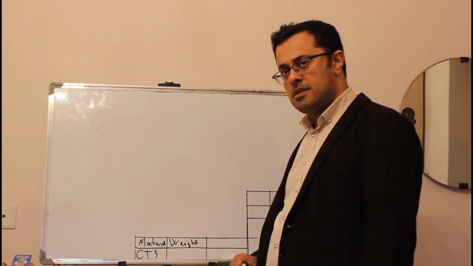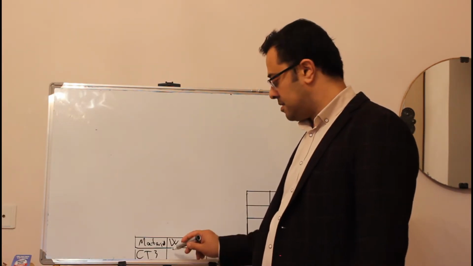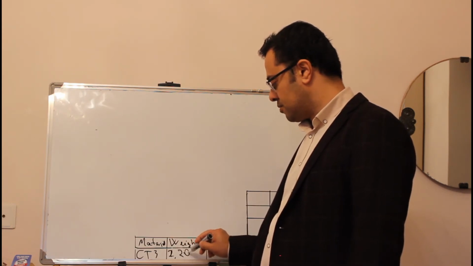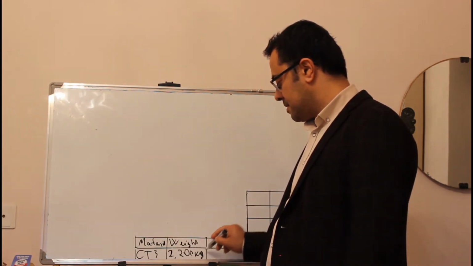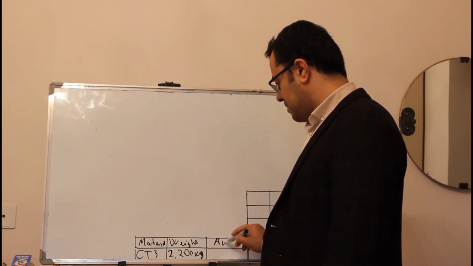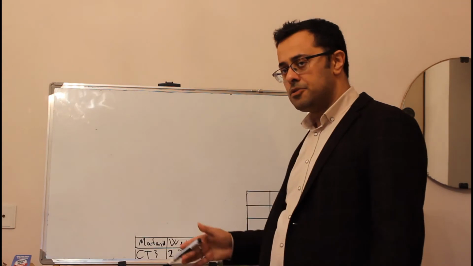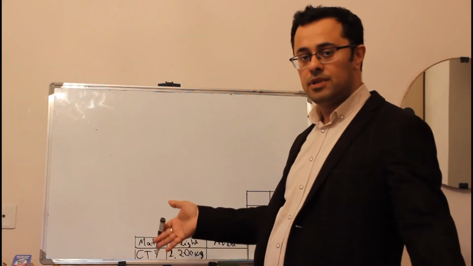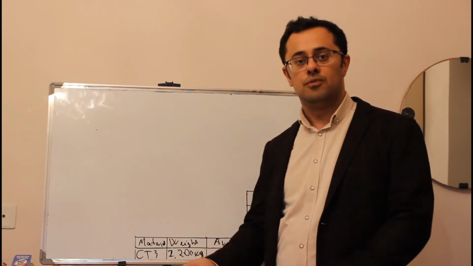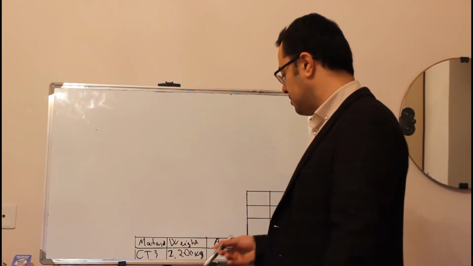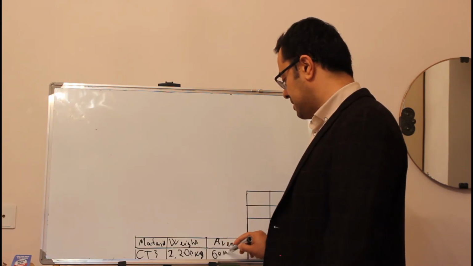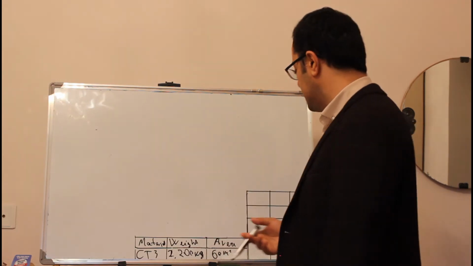And yeah, its weight is 2.2 tons, so 2,200 kilograms. Surface area, and you will ask me, why do we need surface area? Of course you need it to paint it, because if you don't know how much surface area, you will not know how much paint you need. Let's say it's 60 square meters, I just assume it.